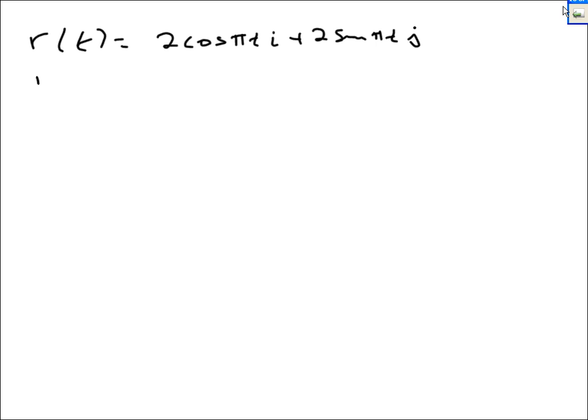So let's find r prime of t. Keep in mind the curvature is the length of T prime of t divided by the length of r prime of t.